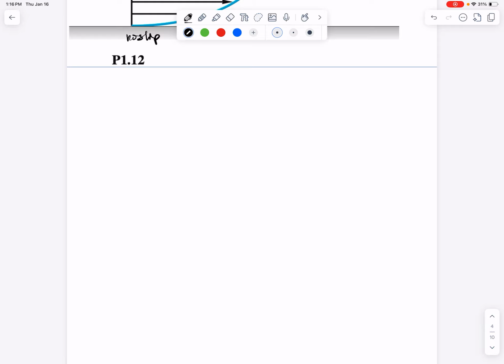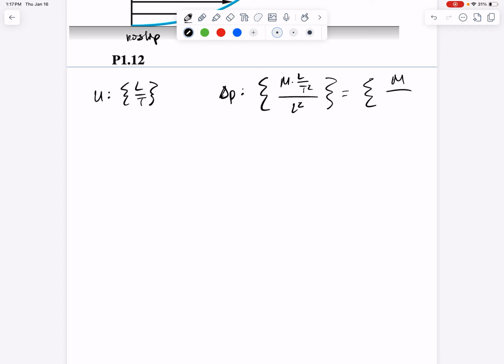And I'll rewrite the equation in a bit. So I believe first is velocity U. U is length per unit time. Delta pressure, we did that earlier. It was mass length over time squared over length squared. If I were to simplify this, I would get mass per length times time squared. So now viscosity is a new one. When I look at the textbook tables to get my viscosity values, I usually see viscosity represented as kilograms per meter per second.